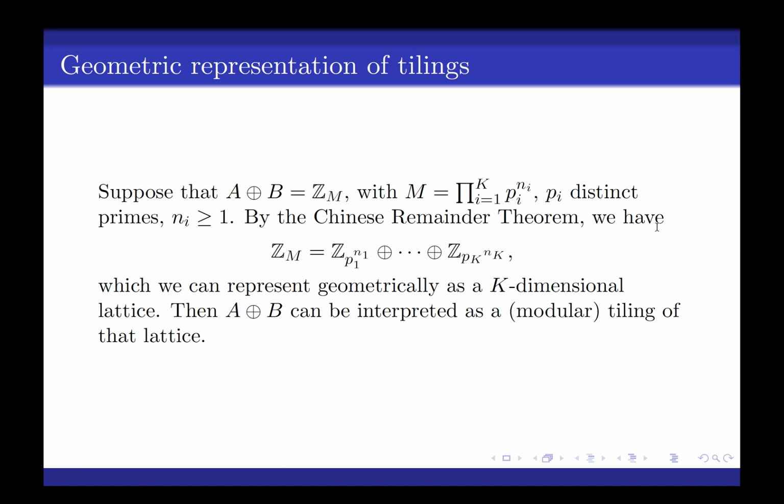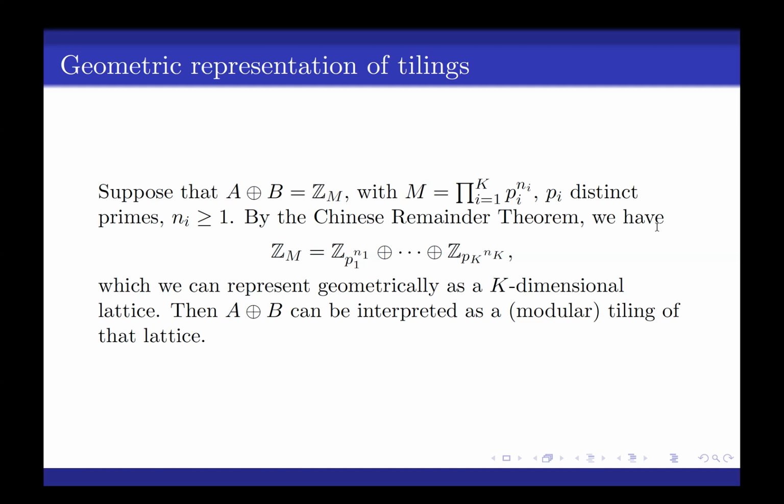Through this theorem, we can identify the group Zm with a direct sum of the groups, each of which corresponds to a maximal prime power for each of the prime factors of the tiling period M.